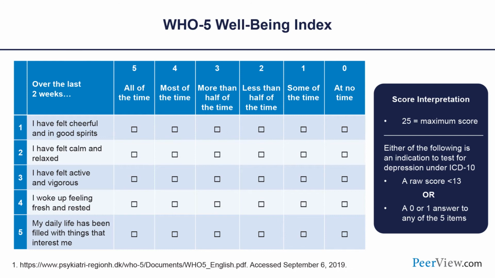Well, we can either have a targeted depression screening tool that we can use, or we can use a general well-being tool that was developed by the World Health Organization just to get a sense over time how a person is doing. Remember that the construct of quality of life is related to the perception, the difference in how you perceive what your life should be versus what your life really is.